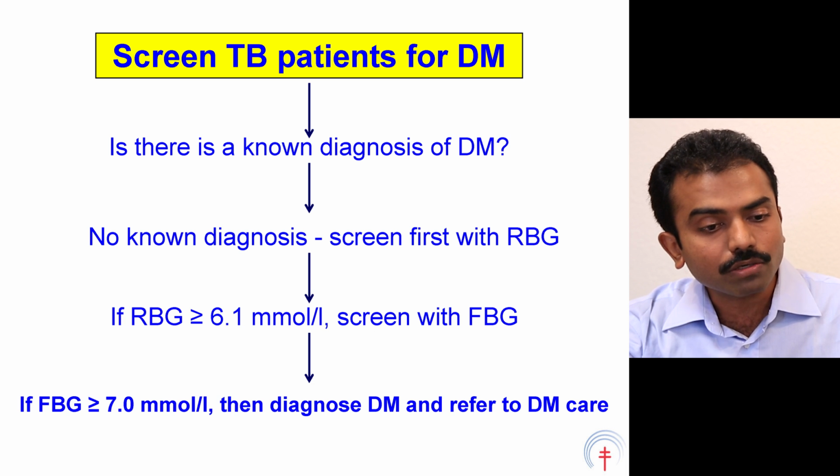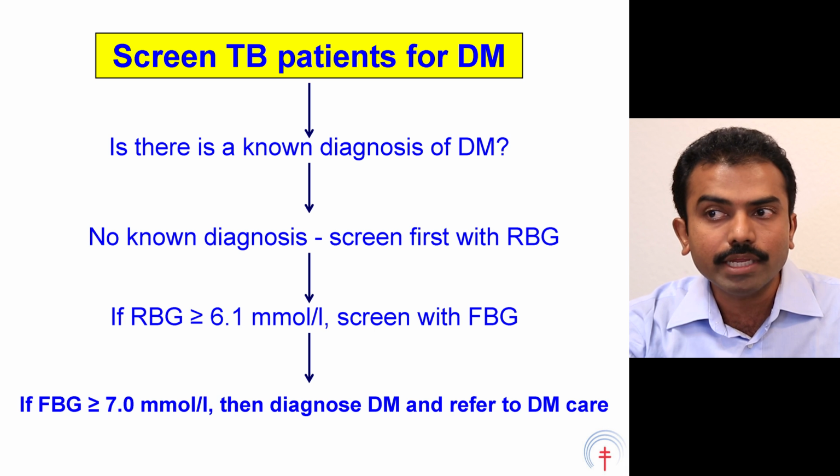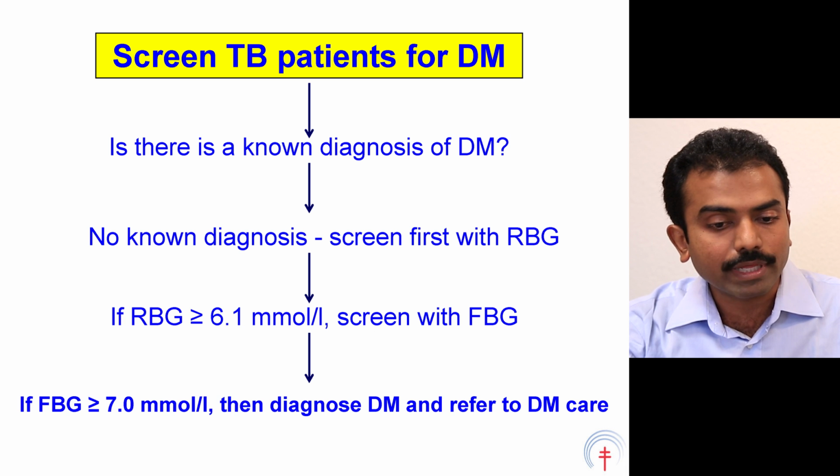For those who did not know whether they had diabetes or not, we went ahead and screened those patients with a random blood glucose test. And if the value of the random blood glucose test was more than 6.1 millimoles per liter or more than 110 milligrams per deciliter, then they were asked to come back the next day in a fasting state for a fasting blood glucose test.